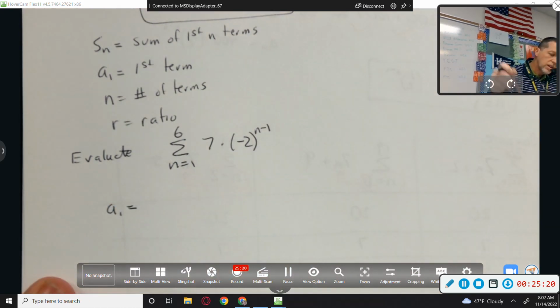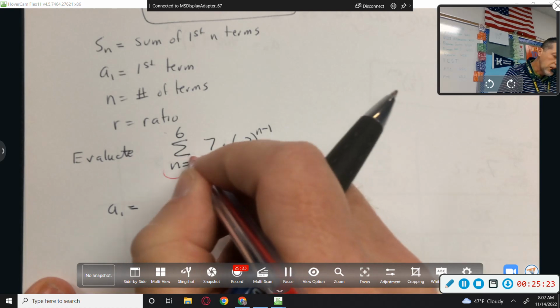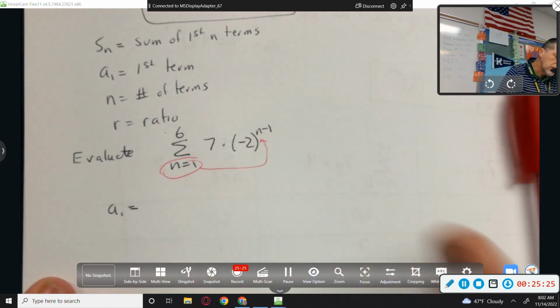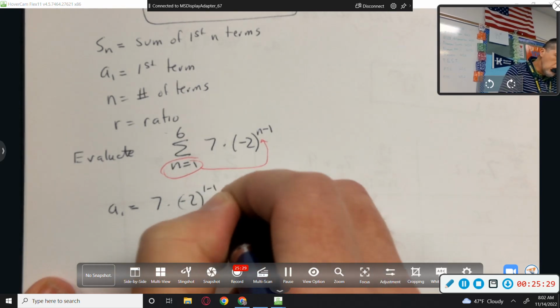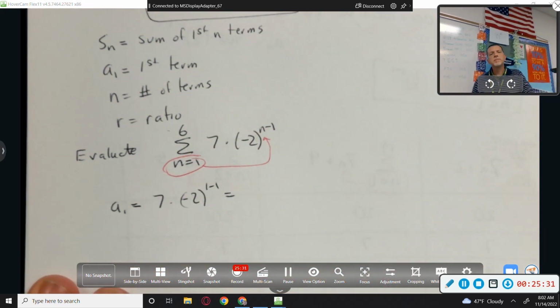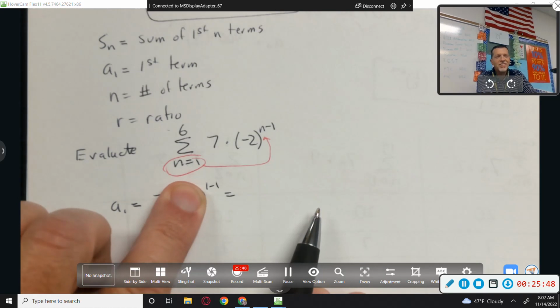A1, plug in the bottom number. So let's see, 1 minus 1 is 0. This works out well. What's the first term after all that? 1 minus 1 is 0.